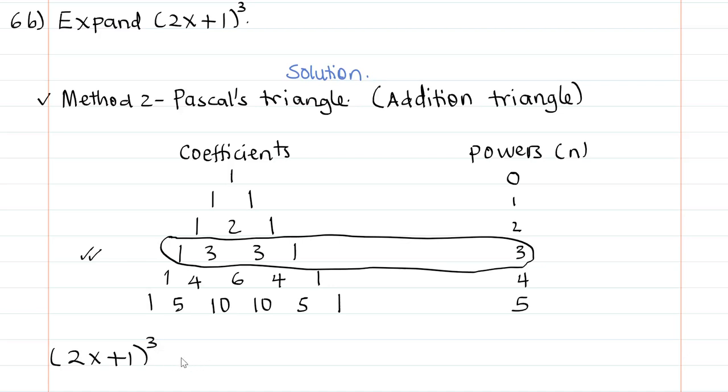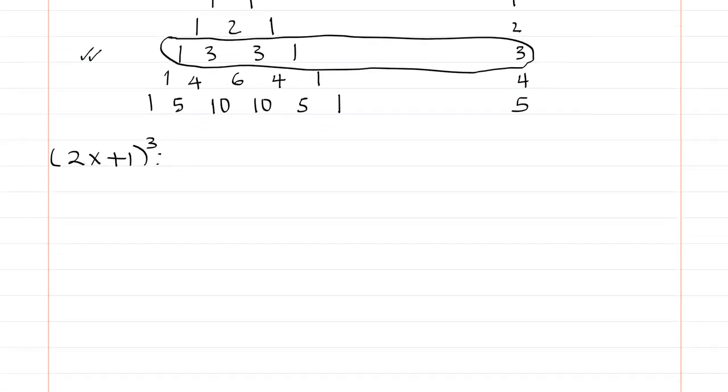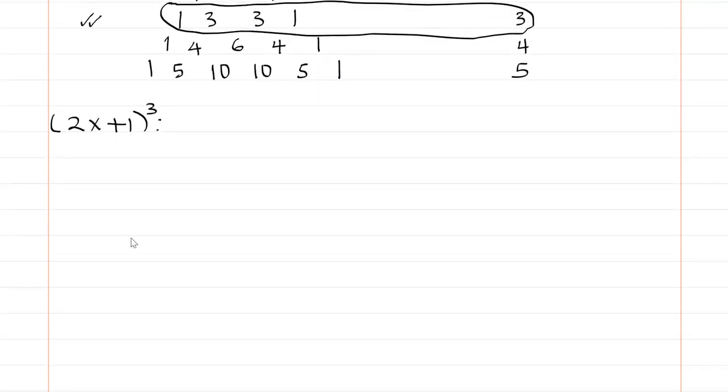So you copy the number equals to, this is the number. Let me close out the coefficients for now. Remember, any expansion is in the form of a plus b to power n. And in this case, a is the first term, and if we are to compare, our a corresponds to 2x, our b corresponds to 1, and our n corresponds to 3.